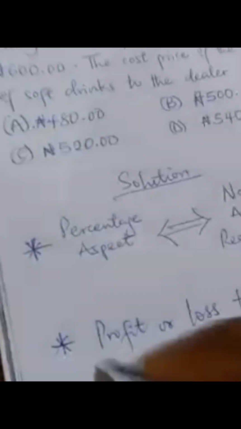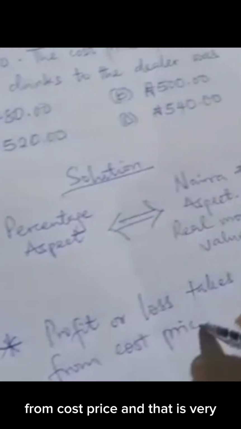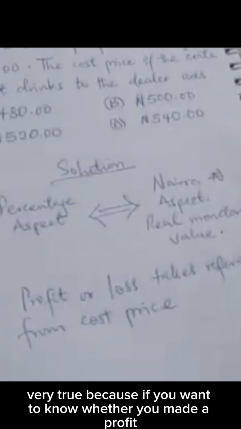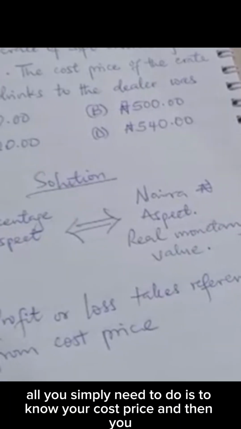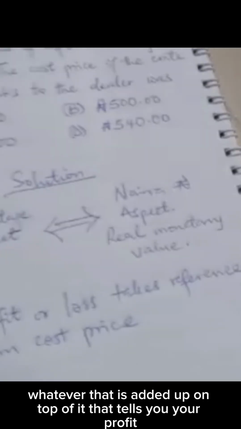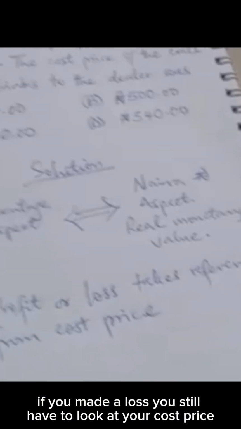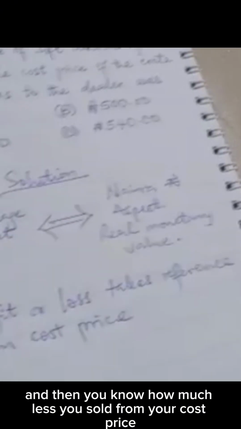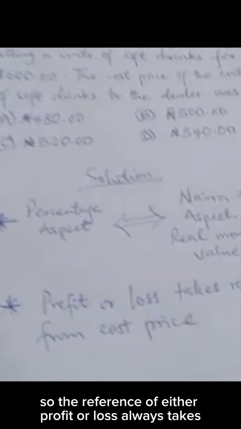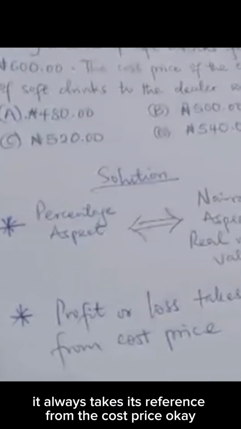That is very true, because if you want to know whether you made a profit, all you simply need to do is know your cost price, and whatever is added on top of it tells you your profit. If you made a loss, you still look at your cost price and see how much less you sold, and that tells you how much loss you've made. So profit or loss always takes its reference from the cost price.